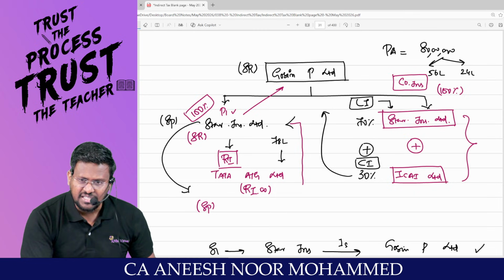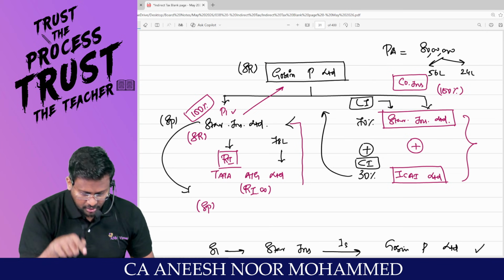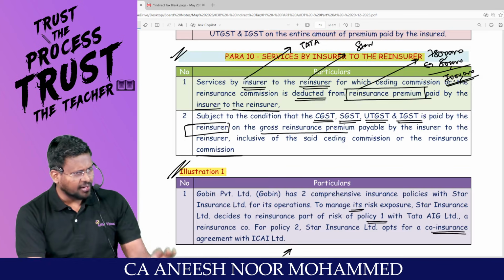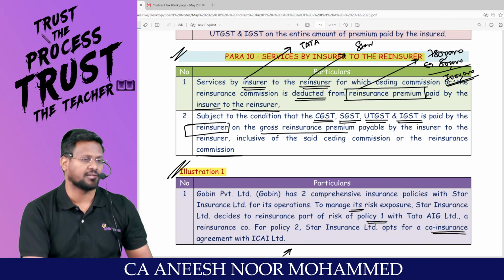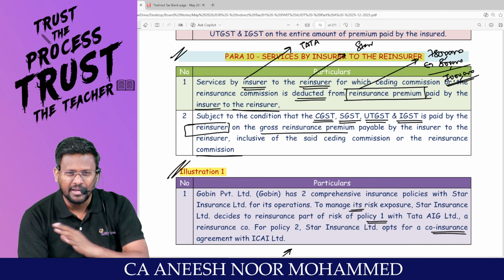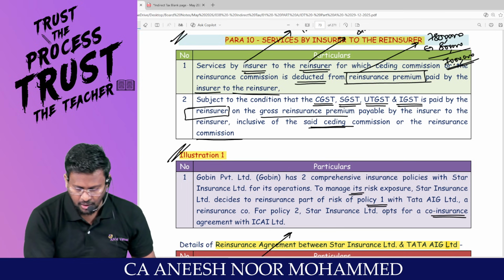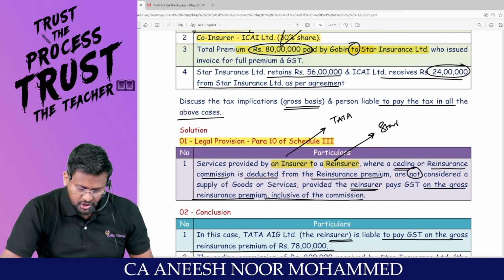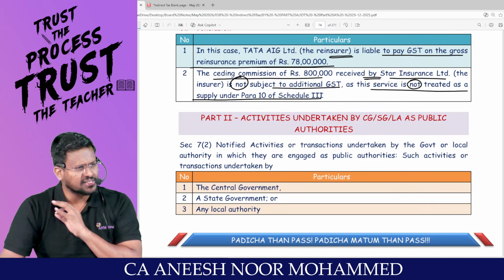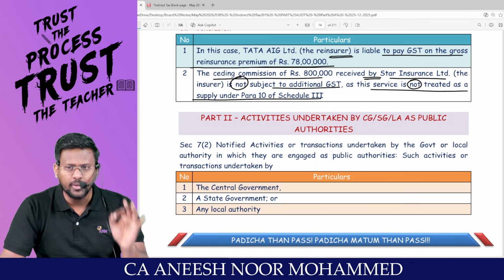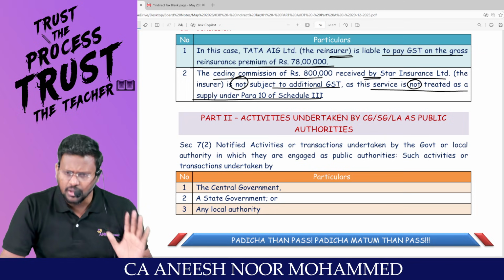So, Star is the reinsurer. If that reinsurer pays 100% GST on 78 lakh, then on 8 lakh, it is neither supply of goods nor supply of services, inclusive of the said ceding commission or the reinsurance commission. Are you able to appreciate what we are talking about? That's it with regard to the items which are covered in Schedule 3. Tell me, what is A?